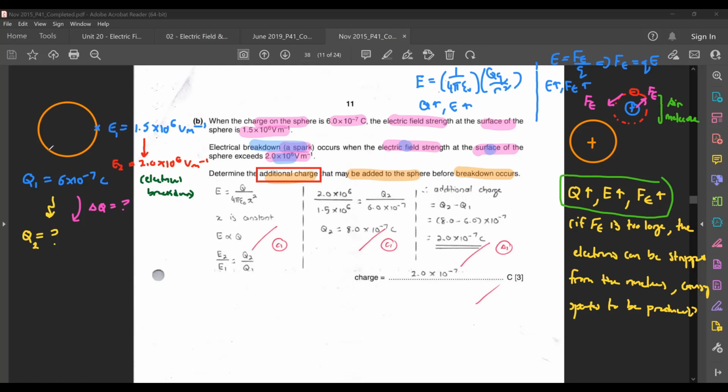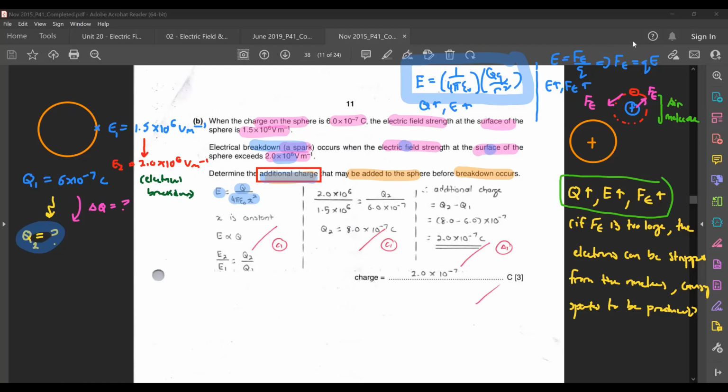We are really just interested in the additional charge that is required. We need to first find out what is the final charge. So between the first case and the second case, the equation for electric field strength would apply. E equals 1/4 pi epsilon naught times Q over R square. I actually wrote this slightly differently.